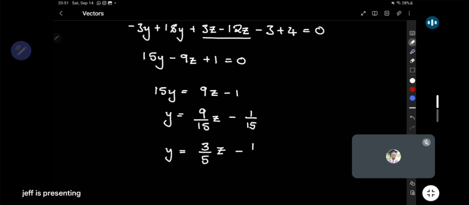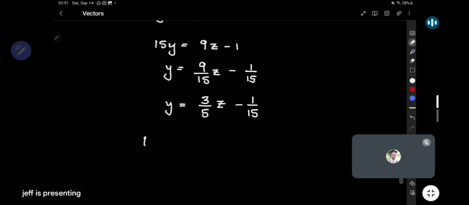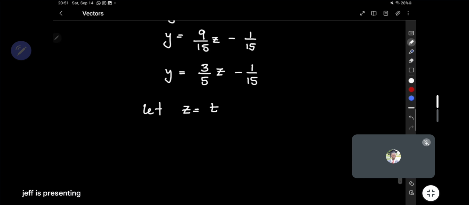And then minus 1 over 15. So in this case, we can then now let z be equal to t. If we let z to be equals to t, then we'll have y is equals to 3 over 5t minus 1 over 15.